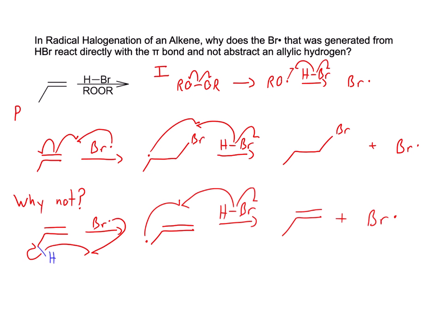So in other words, we're going to establish an equilibrium between the radical alkene and the radical bromine. Because of this equilibrium, that bromine radical actually has plenty of time to interact directly with the double bond, even though that reaction is probably a little bit slower.